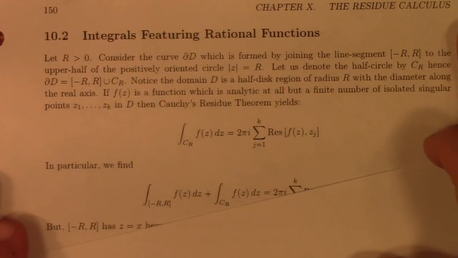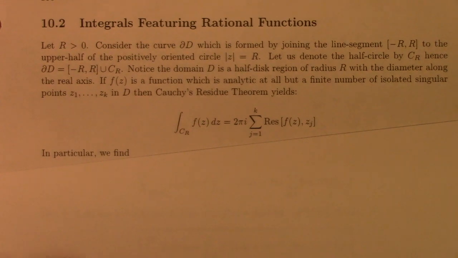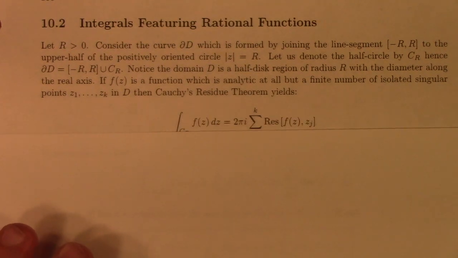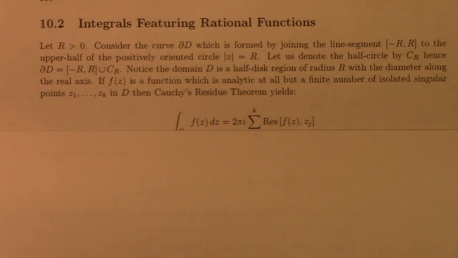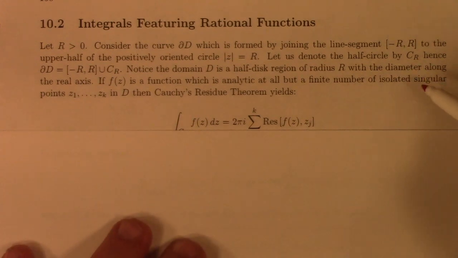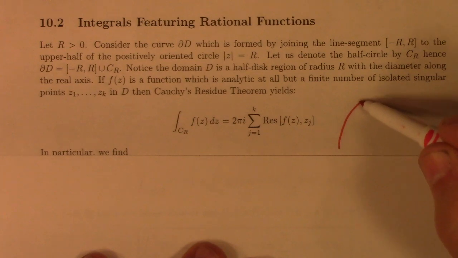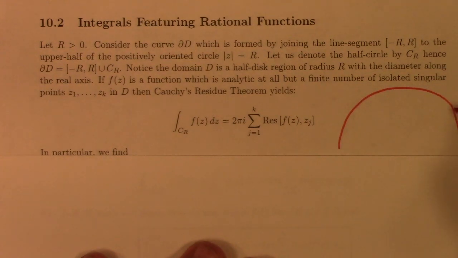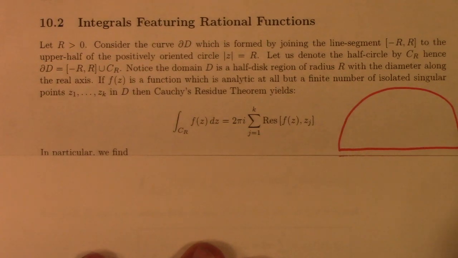Let's see here. So integrals featuring rational functions. Let me draw the picture again. These circles are too small, so I'll just have to freehand it. Basically what's going on here is you've got a half circle and a diameter.